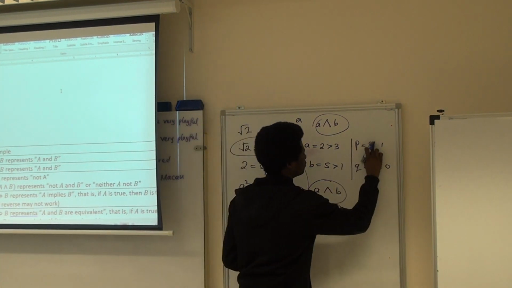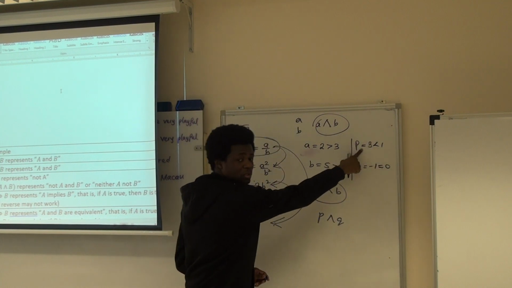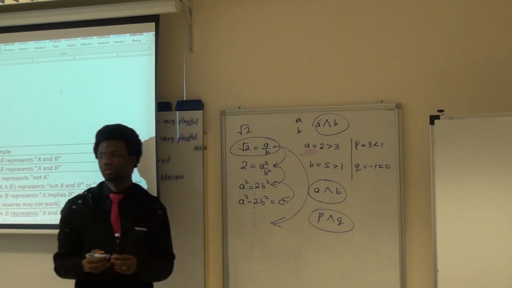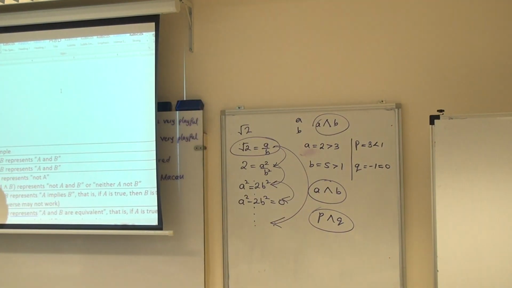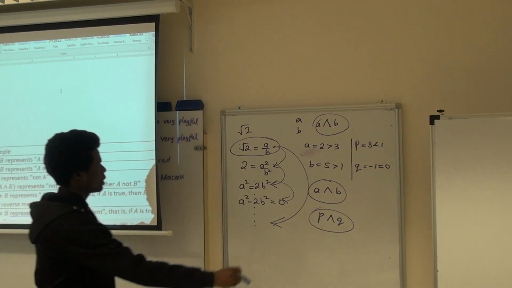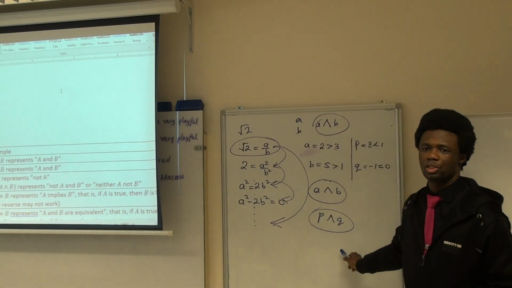Okay, let's check. Is this false? What is the truth value of this? Are you sure? 3 less than 1 and minus 1 equals 0. Is this true or false?